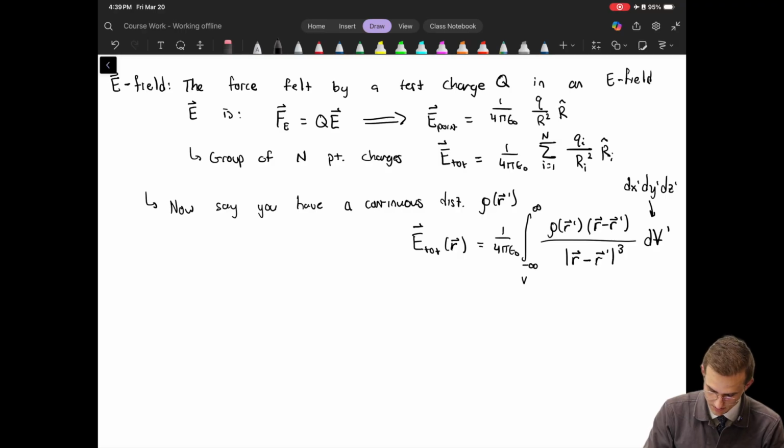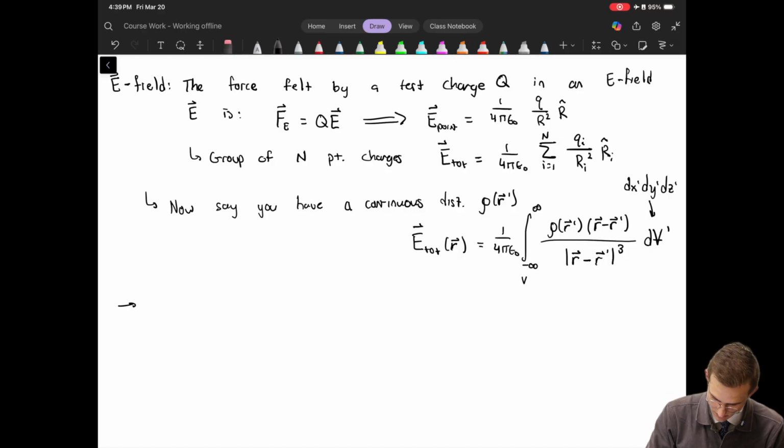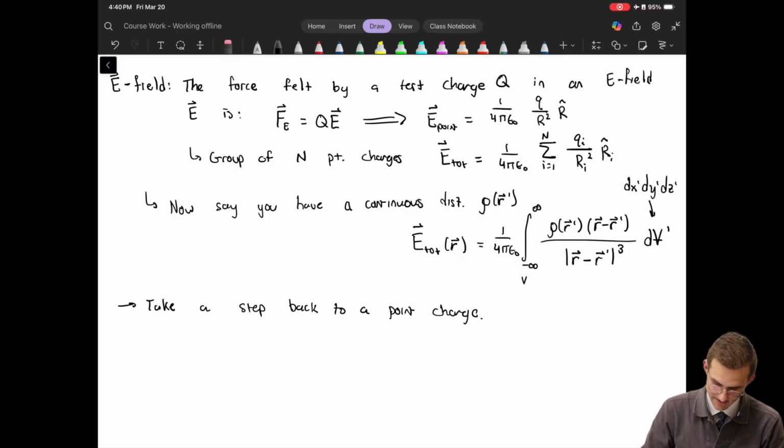So instead of a volume charge density distribution, we're going to take a step back to a point charge. And then we're going to surround it by a fictitious control surface.